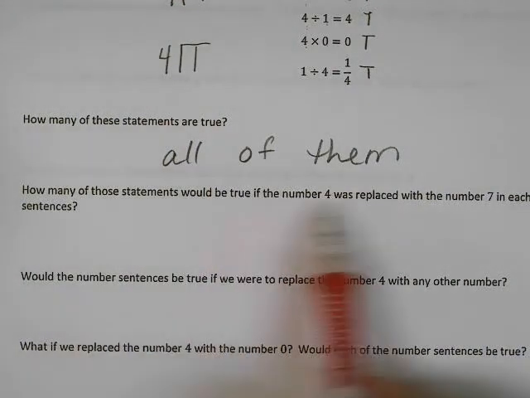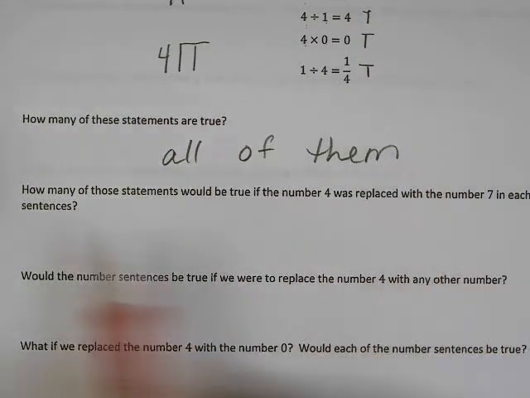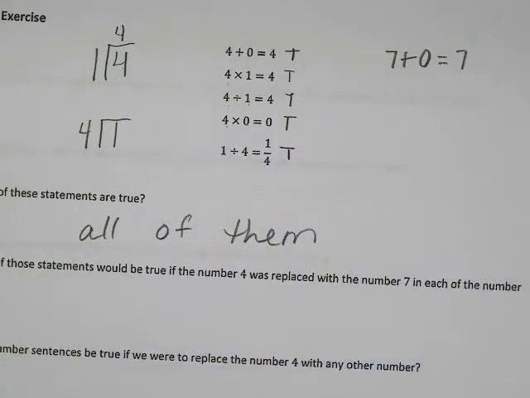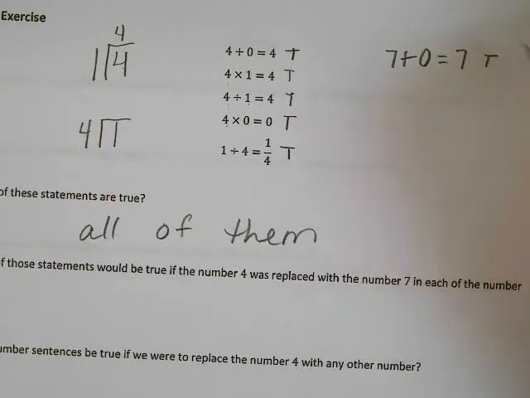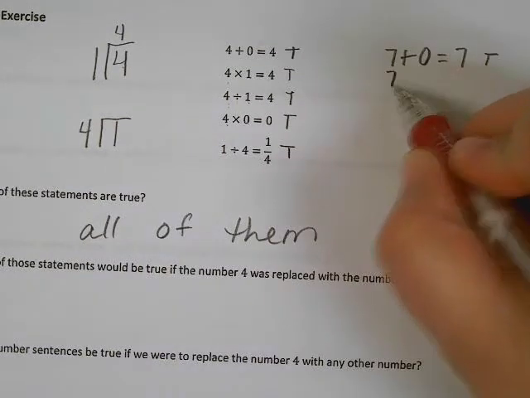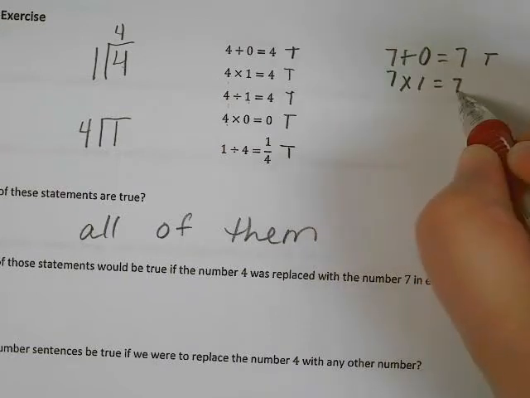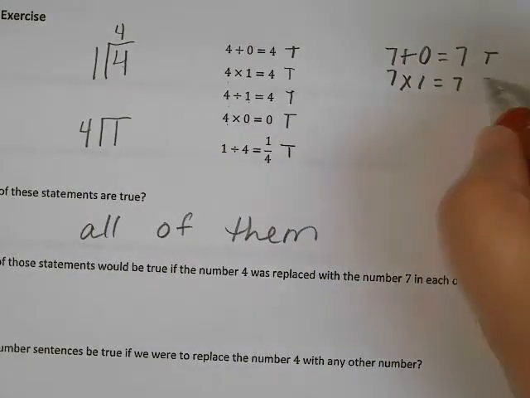How many of these statements would be true if the number 7 was replaced the number 4? So let's see. 7 plus 0 is equal to 7. Is that true? Yes, it's true. 7 times 1 is equal to 7. Is that true?